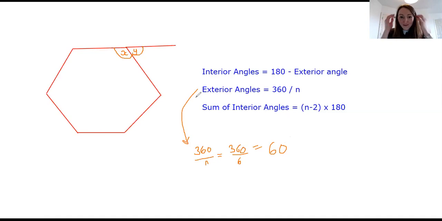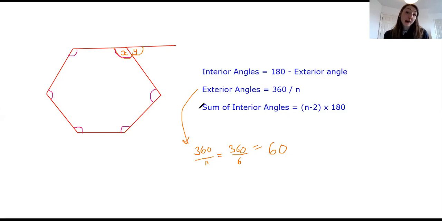Now, let's have a go at working out the sum of the interior angles. So, we've got all these different angles. I'm now going to draw them in pink, just so it's a change of colour and you can hopefully understand it a little bit more. So I've got 6 angles inside my hexagon. Here they are.